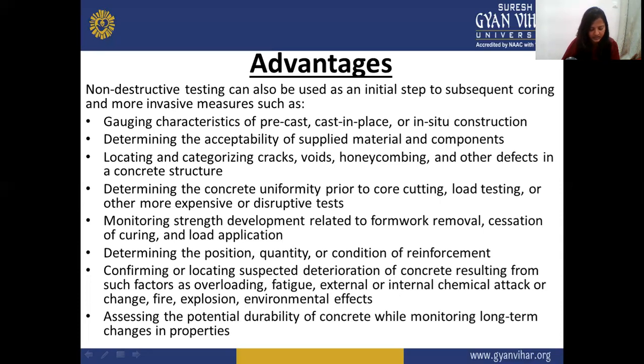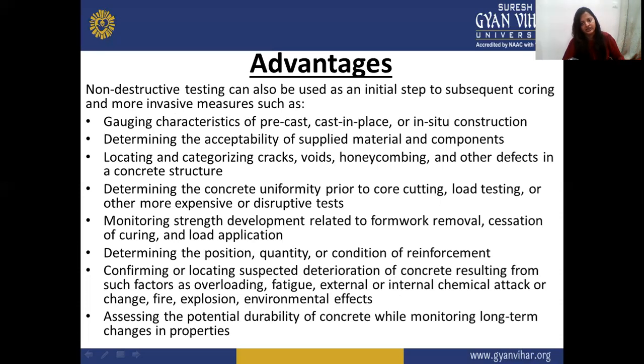Voids: if there is improper compaction, it can lead to the generation of voids, and voids are a major cause of damage to the structure. That particular area becomes really weak in compressive strength and can rupture easily.